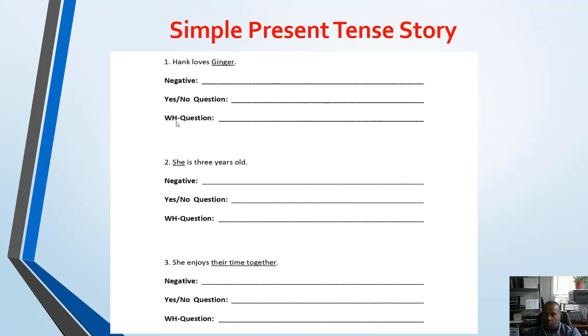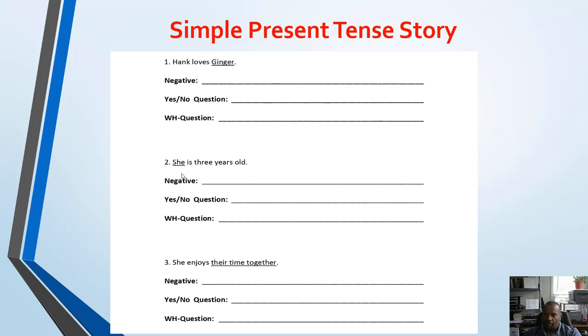And my WH, what or who question would be, who loves Hank? Okay, and they're all written in the simple present tense. Ginger does not or doesn't love Hank. Does Ginger love Hank? Who loves Hank? Okay.